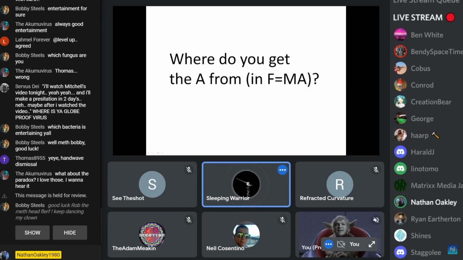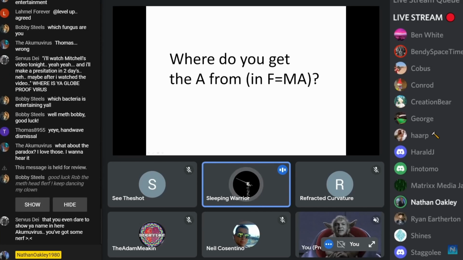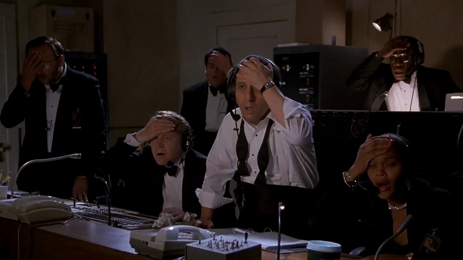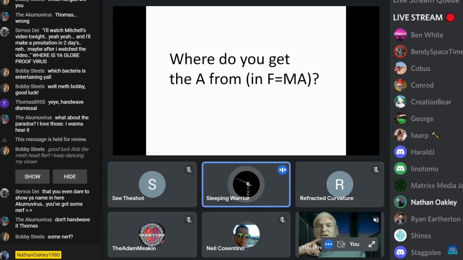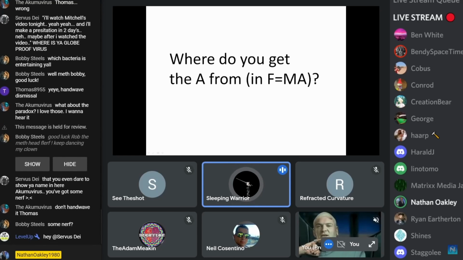So she asks them, where do you get the A from in F equals ma? Now, what they're doing is they're calculating the force into existence. Because they see something accelerate, they calculate the force from it, and then they claim that it doesn't matter where the force comes from, so long as they see something accelerating.